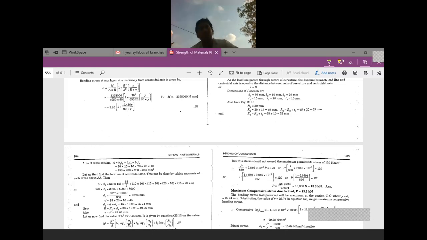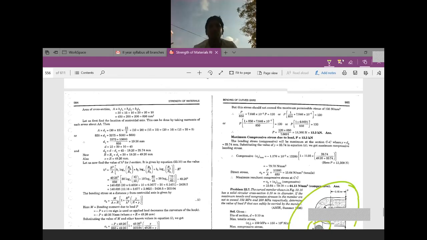This is one of the important problems. A compulsory essay question and two short answer questions will be asked from this topic. This is unit 3, chapter 2. Chapter 1 was thick and thin cylinders, which we have already completed. Go through it.